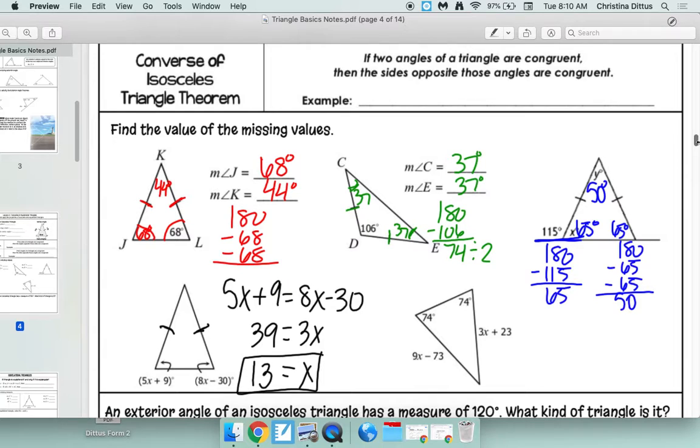Okay. Kind of opposite thinking, well, same sort of thinking, your converse theorem. I know that these two angles are the same because 74 is the same as 74. So what do I know about these two sides? They're equal. So how am I going to find x? Set them equal. 9x minus 73 equals 3x plus 23. Subtract 3x, add 73.